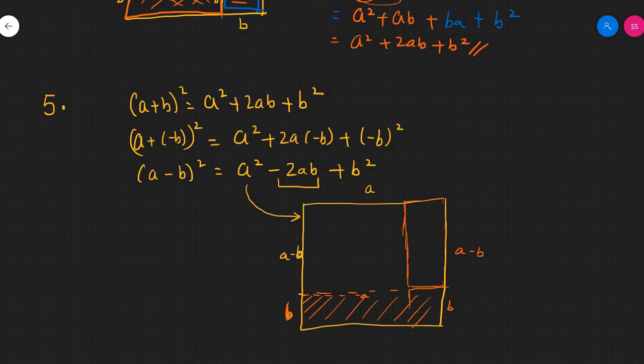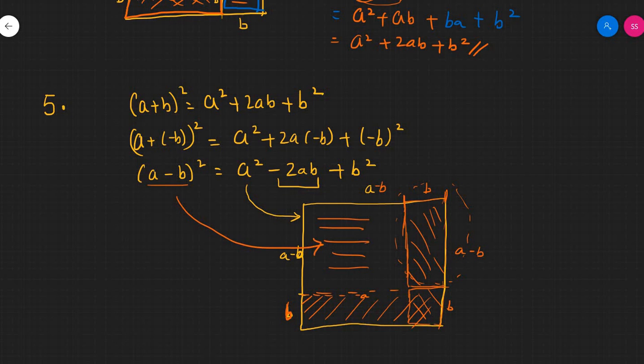So if I were to put one more layer over this, I have to remove only this quantity from the main square to get my a minus b the whole square, which is the whole thing. This is a minus b and this is b here, right? So this part is your a minus b the whole square.